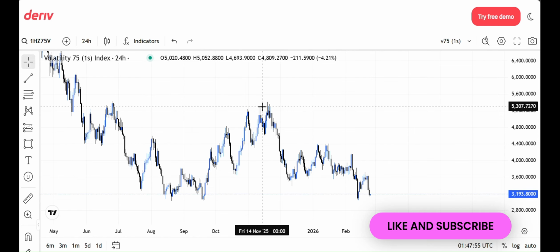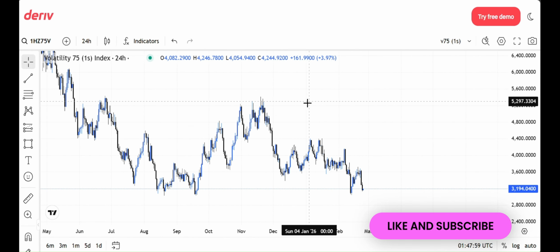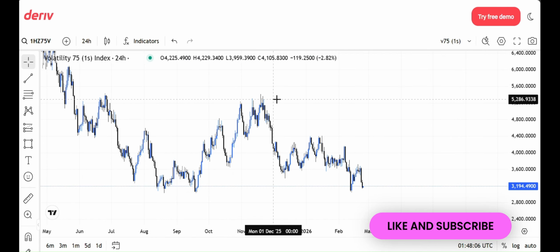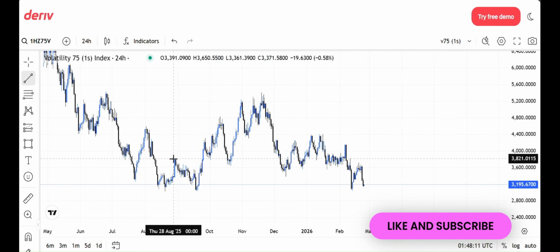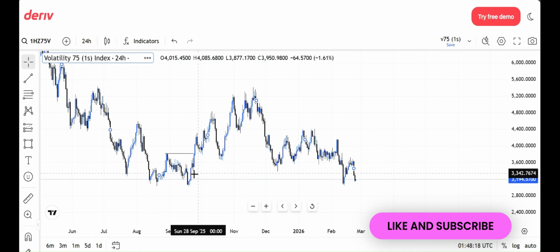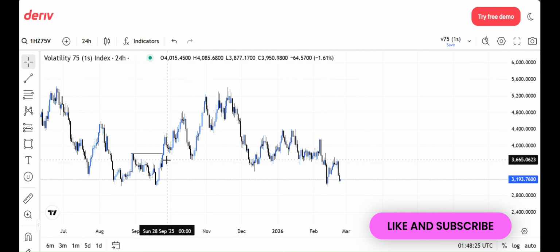Now looking at the chart before us, we see what has been happening in the Volatility 75 1s index. Starting from here, price has been in an uptrend. We saw that there was a break of structure here to the upside, and then we also saw that there was a retracement to the zone.